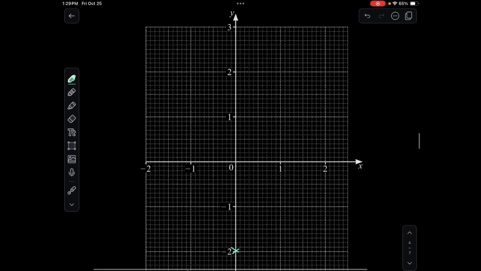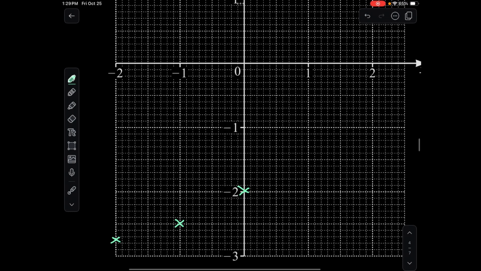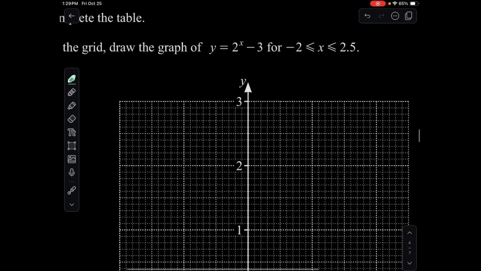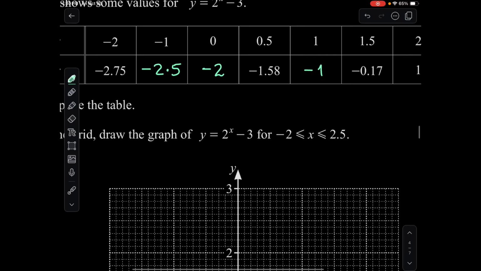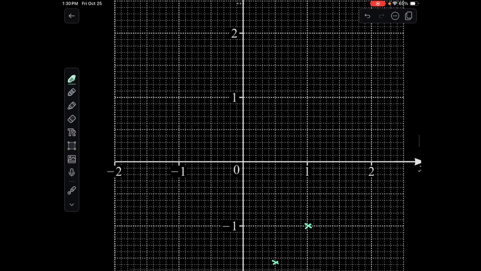0.5 is minus 1.58, so very close to minus 1.6. And then for 1, we are having minus 1.